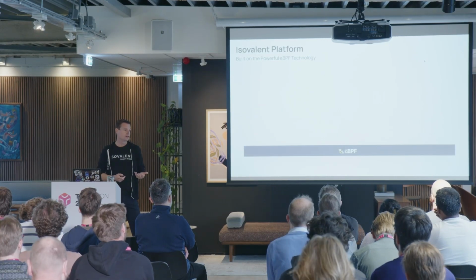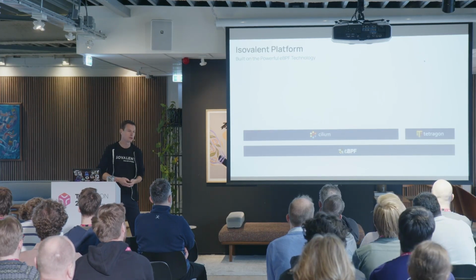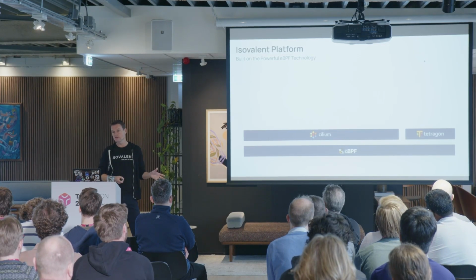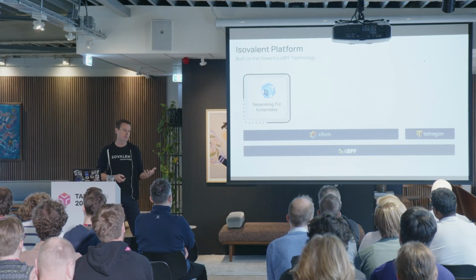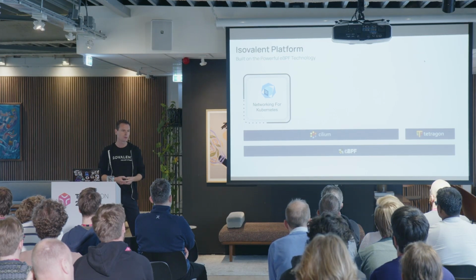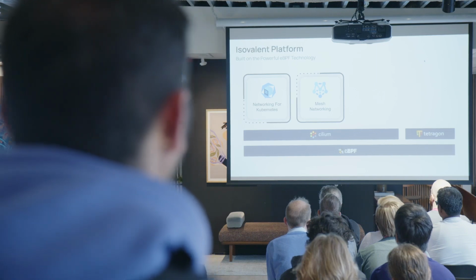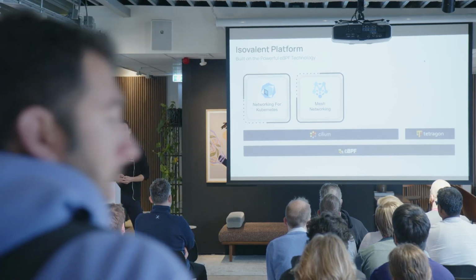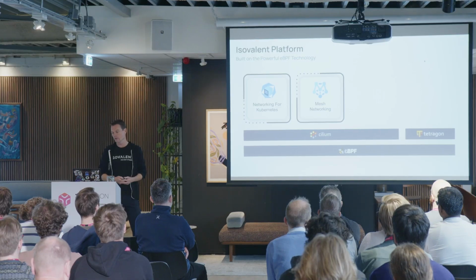eBPF is the foundation of our technology for both Cilium, for networking, observability and security, and Tetragon for runtime security, and obviously we have a platform on top of that. Today we provide networking for Kubernetes. We provide mesh networking, so everything related to connecting to non-Kubernetes workloads, multi-cluster networking, transit gateways, and so forth.